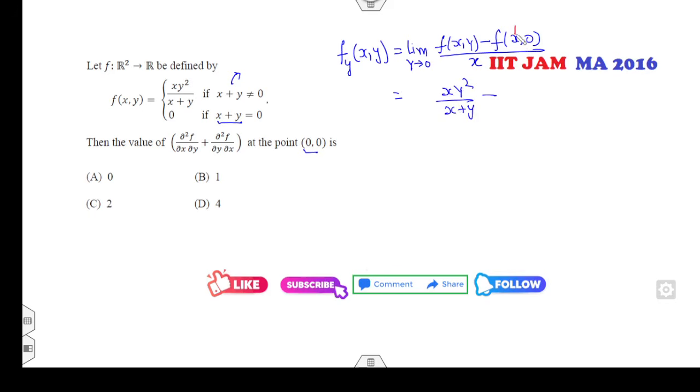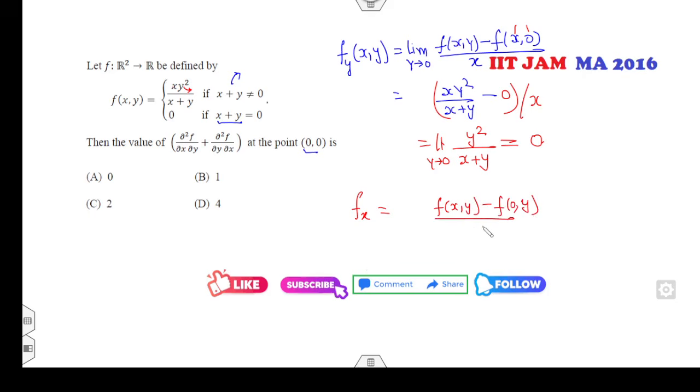What is x comma 0? Whenever y is 0, the first quantity is 0 divided by x. So that will be y square over x plus y as limit y approaches 0: 0. Fine. For f of x, it will be f(x, y) minus f(0, y) divided by x as limit x approaches 0.